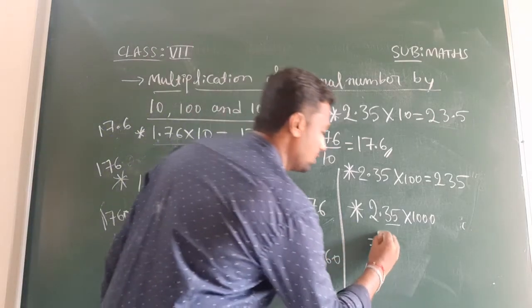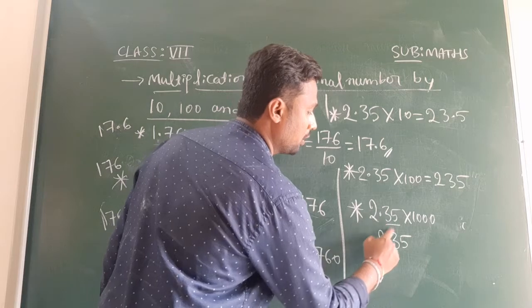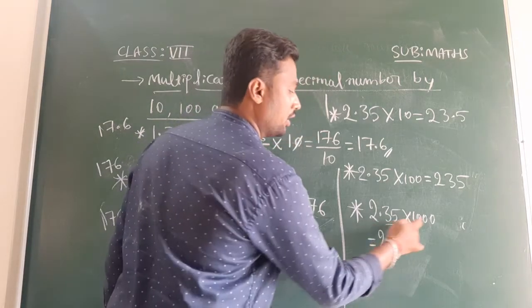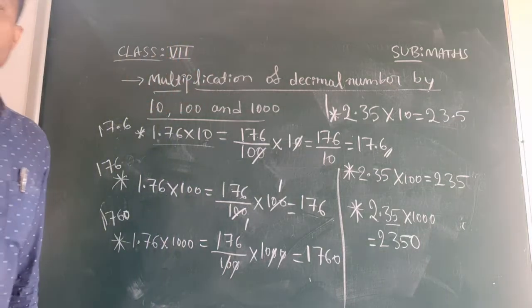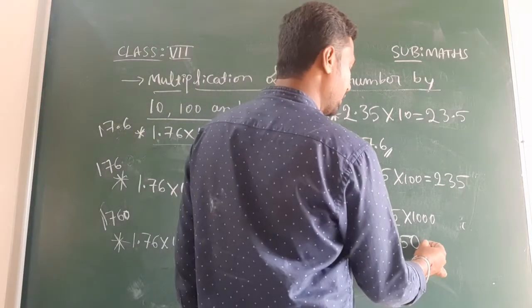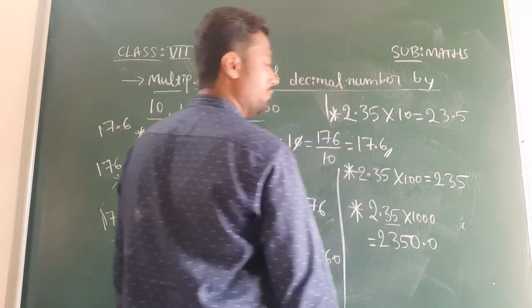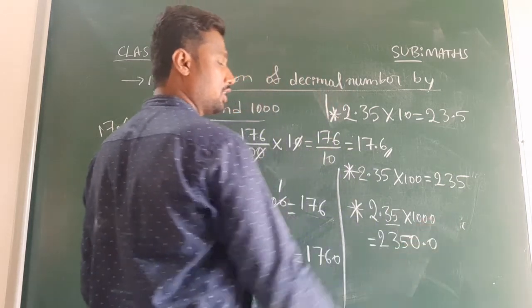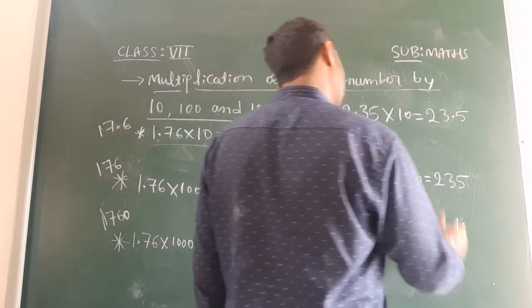So first I will write 235, so that I moved this decimal point 2 steps. Then again I have to move a third step also. In that case I will consider 0. After this we will get the decimal point. So 2350.0. If after this decimal point you have 0, then you can just ignore that.